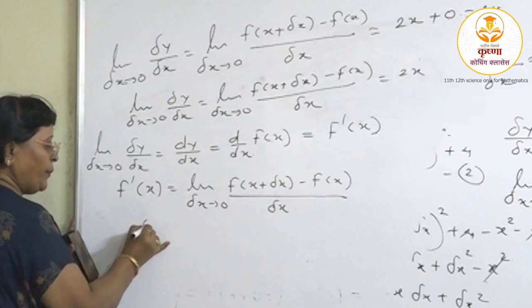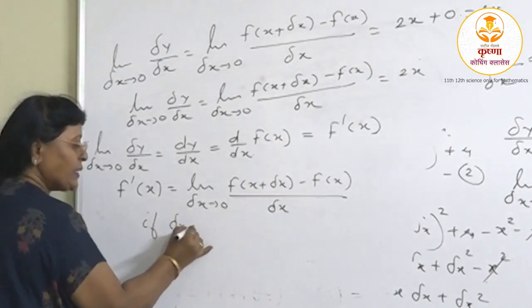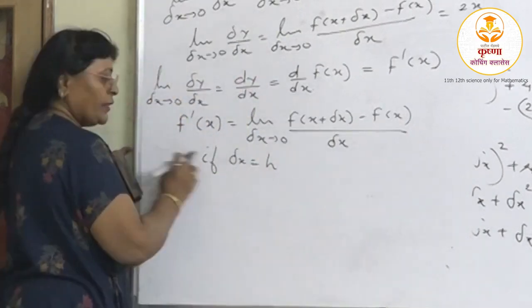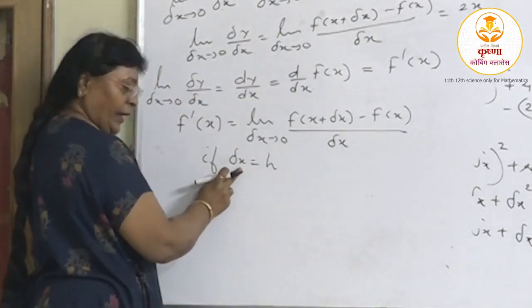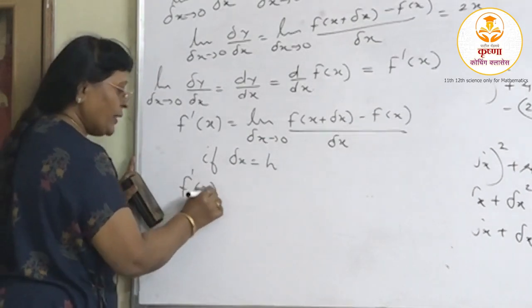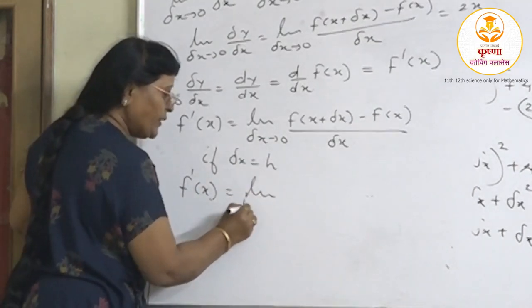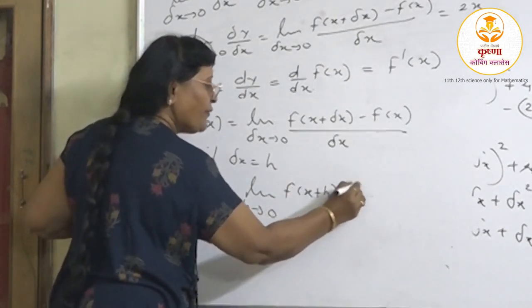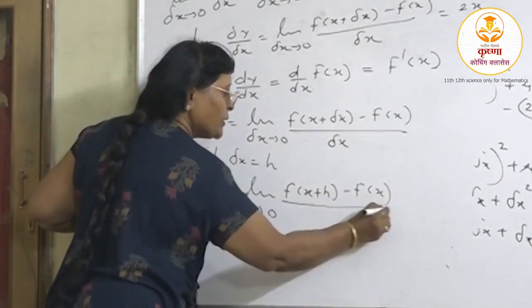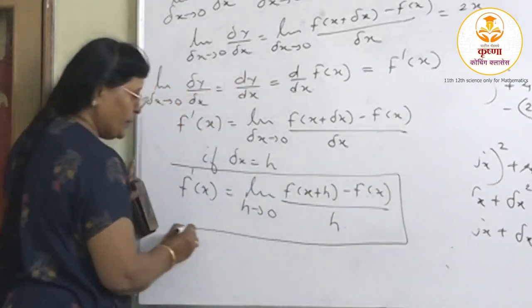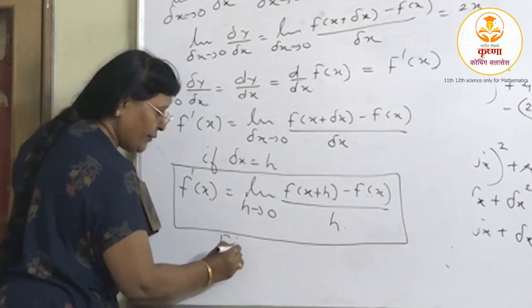Again, the simplified form: suppose I write delta x as h, the small change in the value of x, denoted by h. Therefore, f dash x is equal to the limit as h tends to 0 of f of x plus h minus f of x divided by h, and it is called the first principle of derivative.